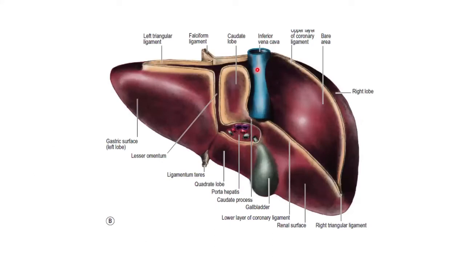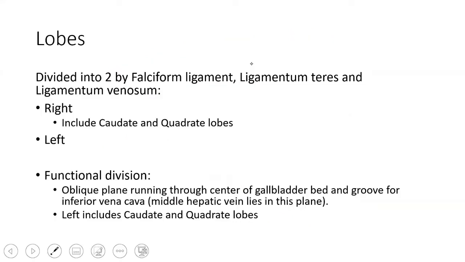So the functional division occurs at an oblique plane like this. It extends from the inferior bed of the inferior vena cava to the bed of the gallbladder. This is the line dividing the functional lobes.